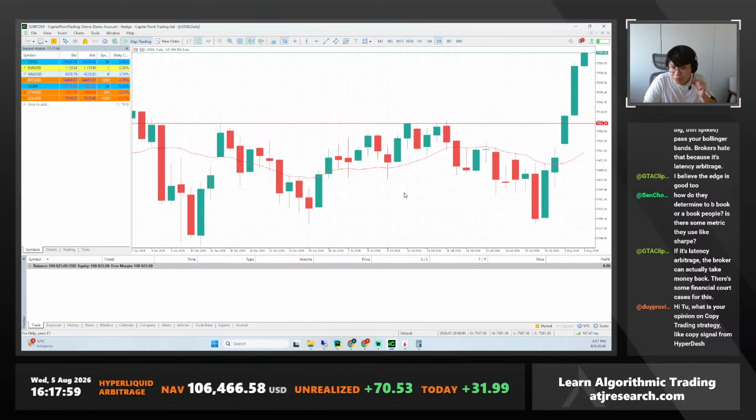Right, what is your opinion on copy trading strategy, like copying signals from HyperDash? Well, I don't know what HyperDash is, but I would say avoid copy trading strategies at all cost. Always try to understand the strategy, learn the strategy, and apply it yourself, because most of the time copy trading strategies will stop working eventually, right?